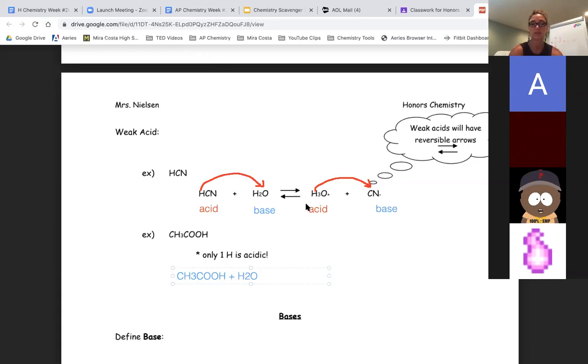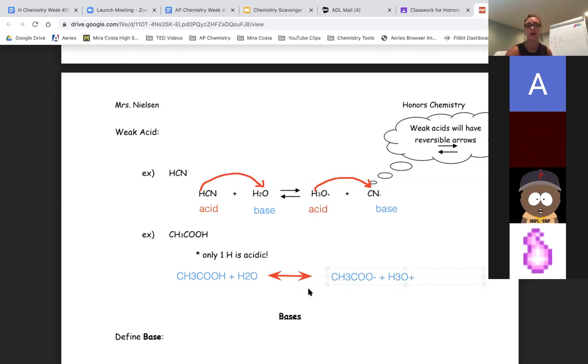Look at this. It's almost like somebody was thinking about a chemist there. So reversible reaction, and then we'll get CH3COO minus, acetate ion, plus H3O plus.